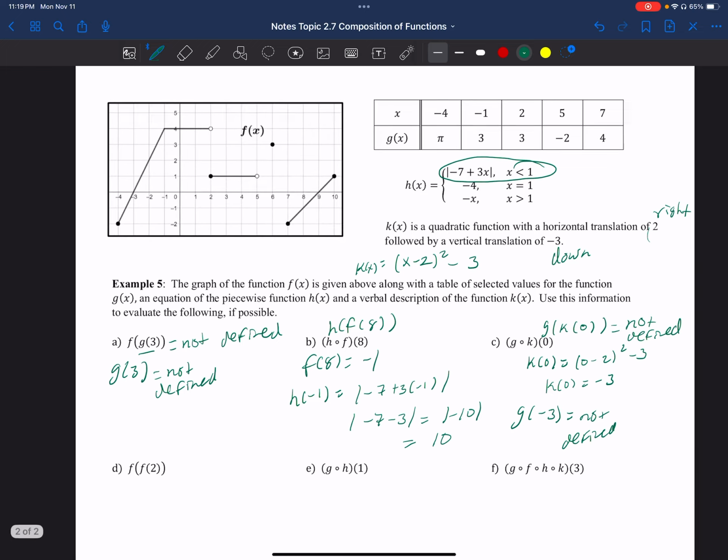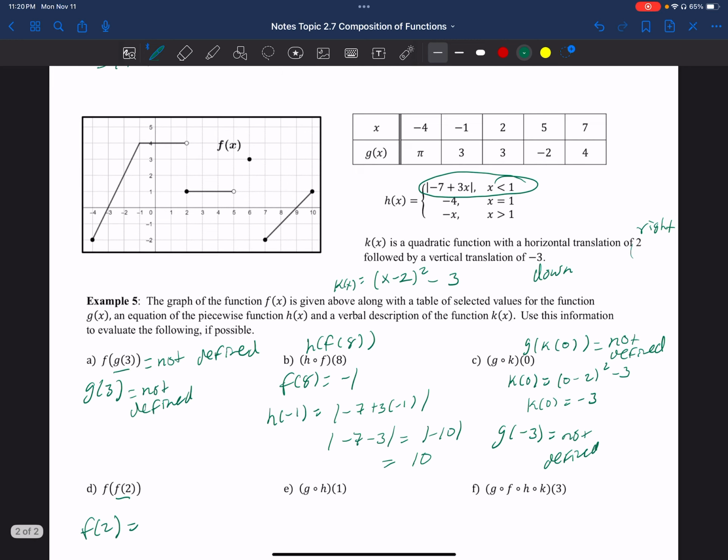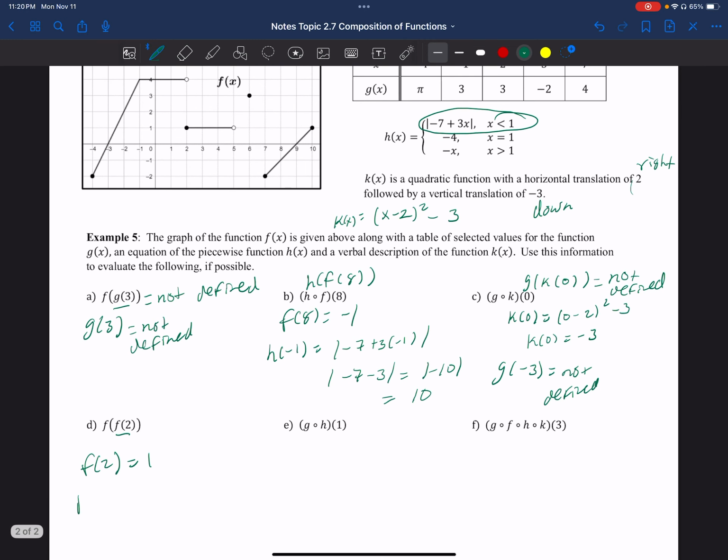For D, I'm looking for f of 2 first. So f of 2, which is going to be your graph. Don't forget, when you have multiple points, you want the solid dot. So this one goes here. So then the y value that goes with that red dot is going to be 1. And then I'm going to find f of 1.